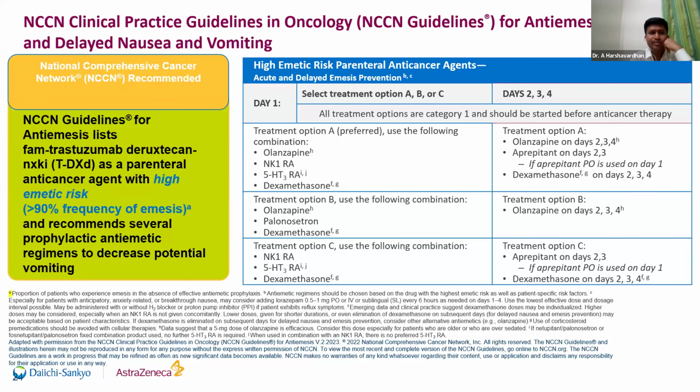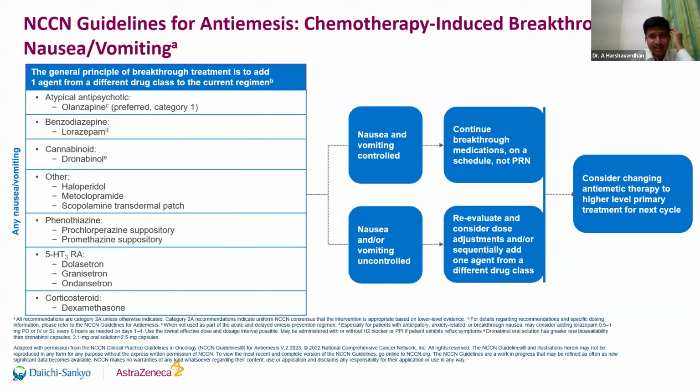We can add olanzapine, or we can use olanzapine for breakthrough nausea and vomiting. Other agents for breakthrough nausea and vomiting are benzodiazepines like lorazepam, metoclopramide, or phenothiazines like promethazine. Or, if not used before, we can add steroids or 5-HT3 receptor antagonists.